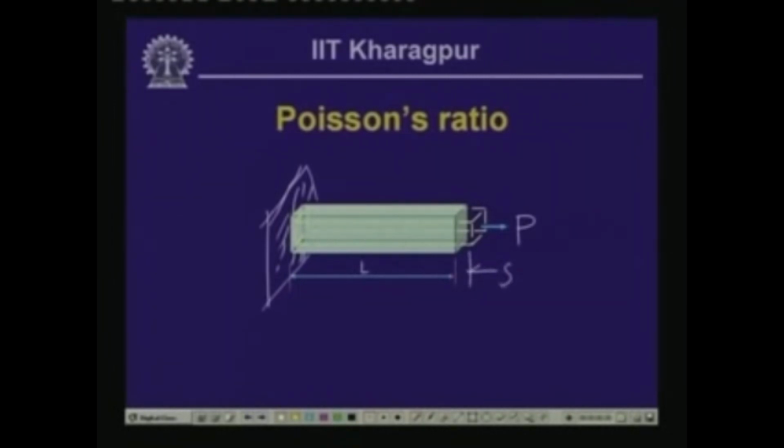This is the extension delta, and we have seen how to compute this extension as a function of this axial pull P in terms of the cross sectional parameter A and the length L.